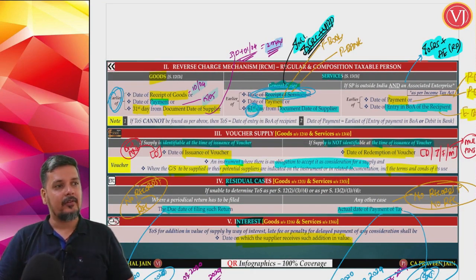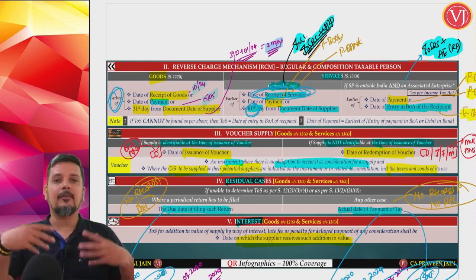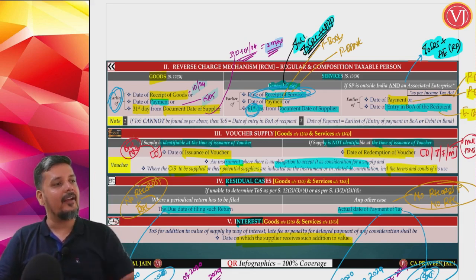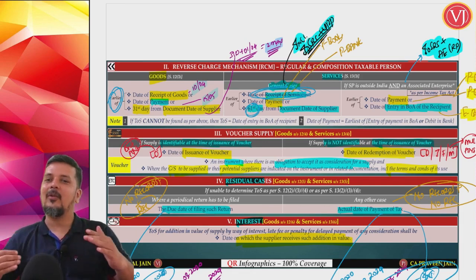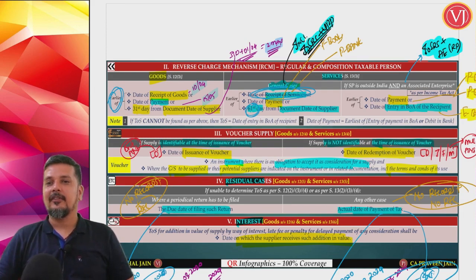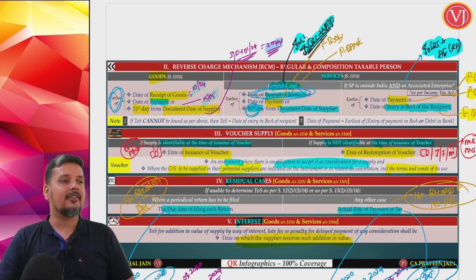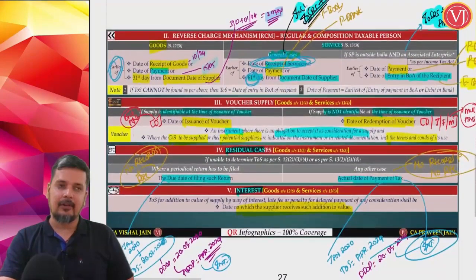Residual cases, fraud cases, no record cases, same for goods, same for services, but 2 scenarios. Interest on delayed payment of consideration, same for goods, same for services, only. So it comes down in terms of the complexity involved. So that is everything about your section 12 and section 13 with respect to your time of supply.